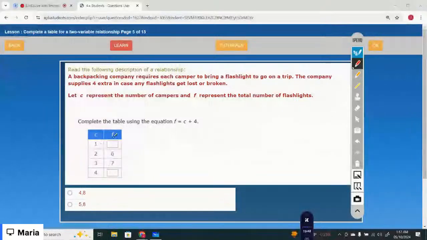You need to find the value of F when C equals 1. So replace the C with the value: 1 plus 4 is 5. And when you are given C equals 4, replace the value of C by 4. So 4 plus 4 is 8. So which is the correct option?